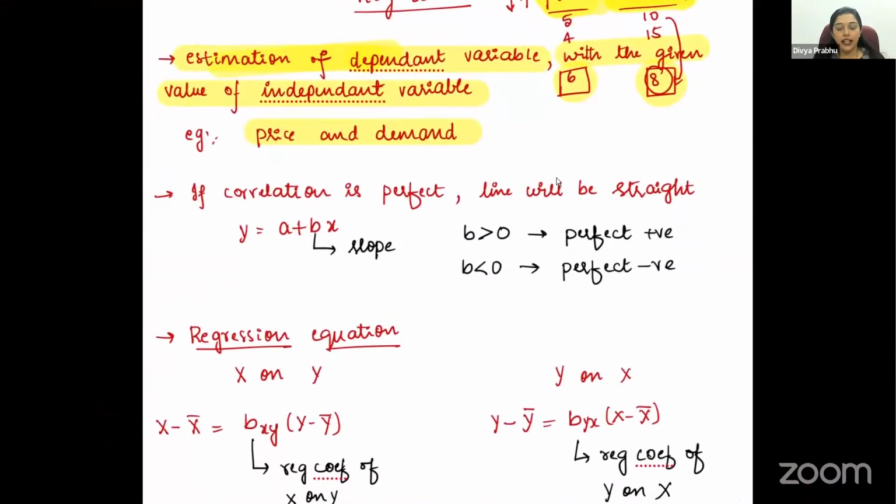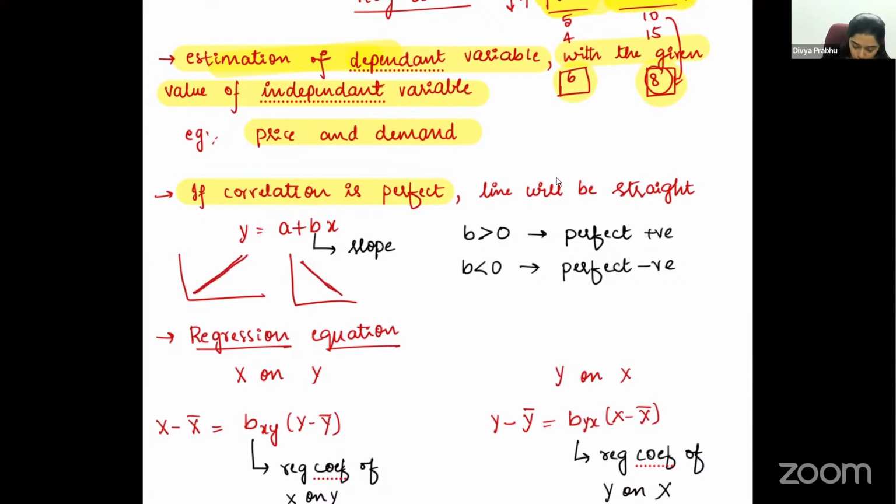You know that correlation can be perfect positive or perfect negative. A perfect positive correlation will have an upward straight line, whereas a perfect negative will have a downward straight line. This is what we saw in the scatter diagram, where the correlation is perfect: it will always be a straight line.